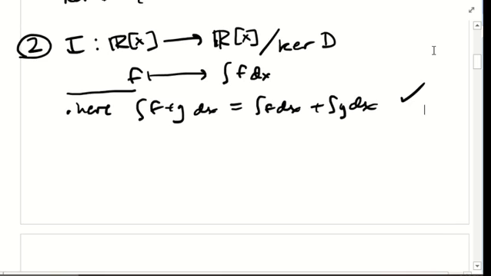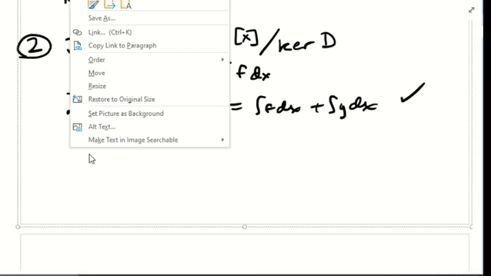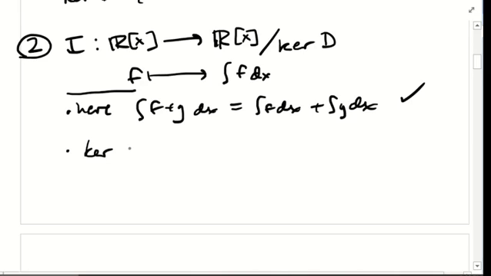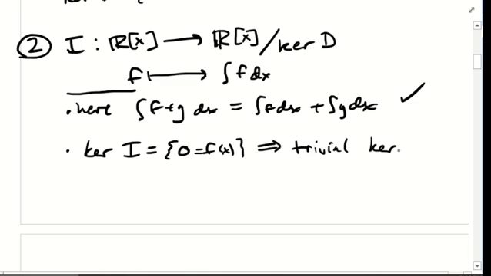So here the kernel is trivial. And that means that this is a one-to-one function, right? One-to-one homomorphism.